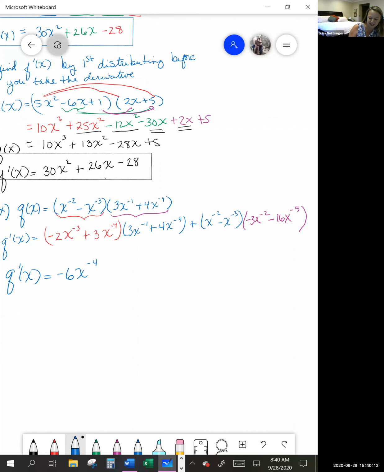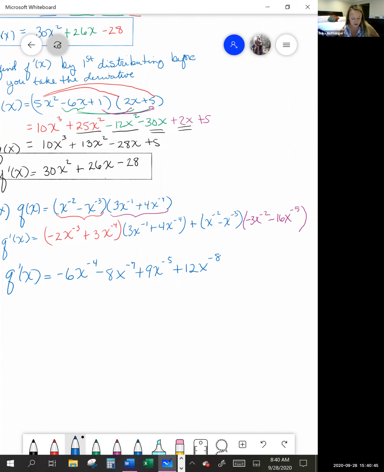Negative 2x to the negative 3 times the next term, 4x to the negative 4. So negative 2 times 4 is negative 8. x, negative 3 plus negative 4 gives us negative 7. Distributing the second term, 3x to the negative 4 times 3x to the negative 1, that gives us plus 9x to the negative 5. 3x to the negative 4 times 4x to the negative 4, 3 times 4, so that's 12x. Add our exponents, negative 4 minus 4 is negative 8.